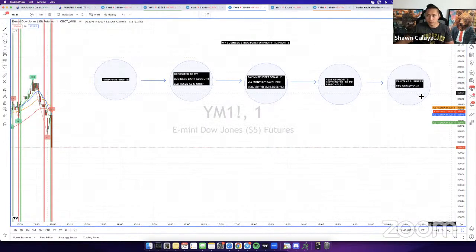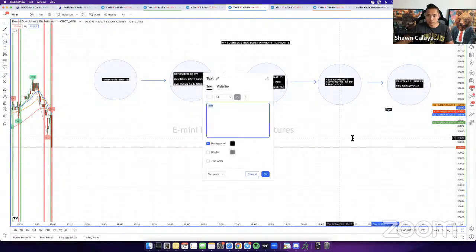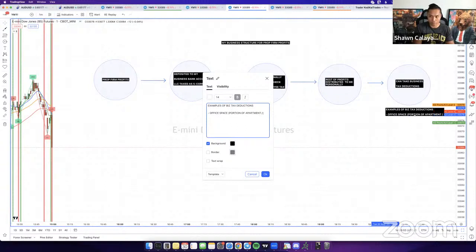So the cool thing about this is, examples of business tax deductions: you can deduct anything. Office space, a portion of your apartment or home, Kodi subscriptions. There's a lot of stuff you can deduct.